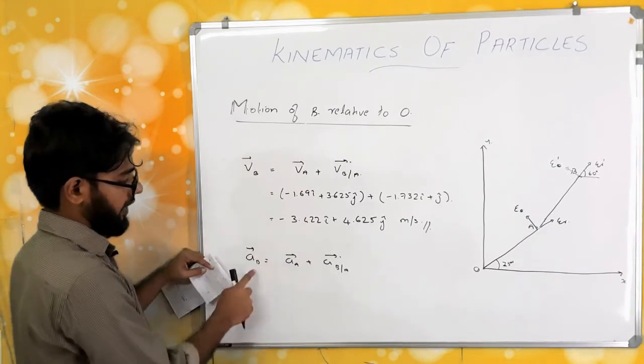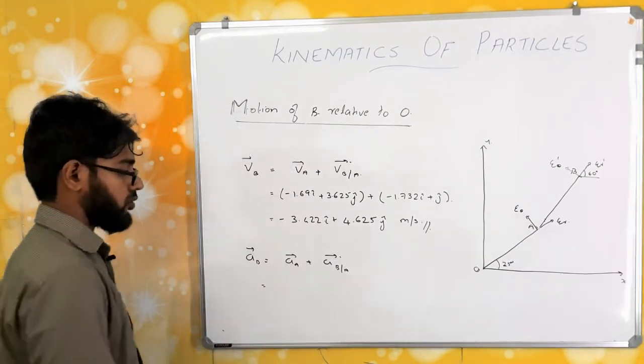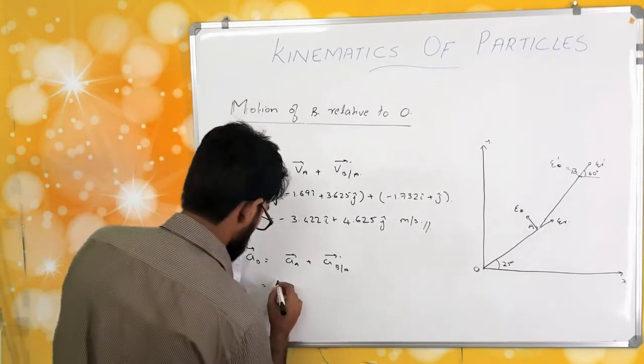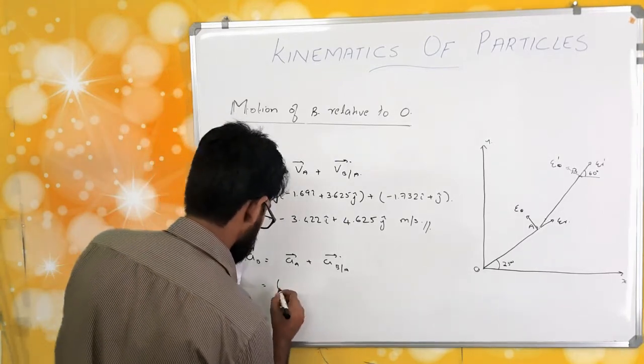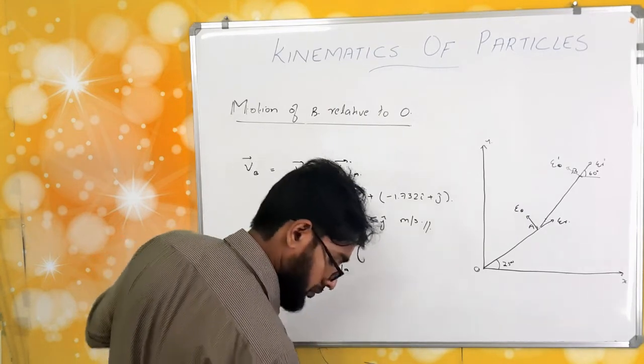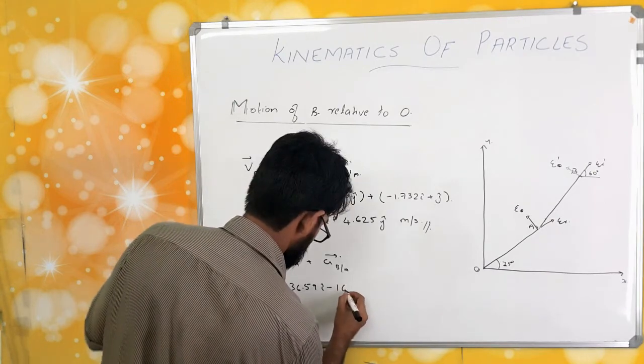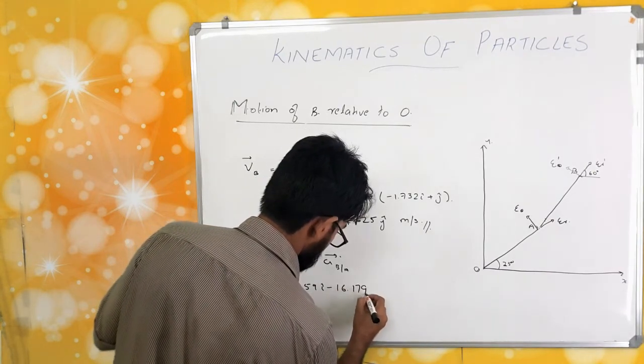Similarly, we can get the acceleration of B as such. So substituting the value of acceleration of A, the answer is minus 36.59 I cap minus 16.179 j cap.